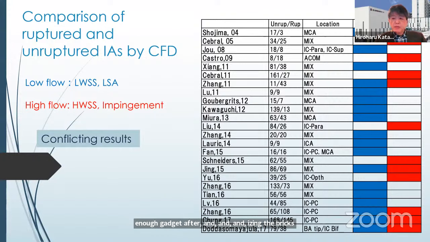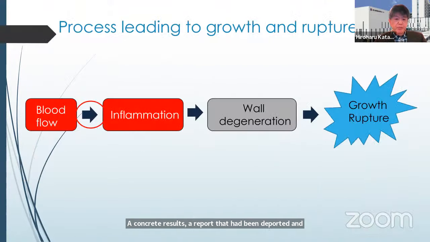But some papers insist that low wall shear stress is related to rupture, and others insisted that high wall shear stress is related to rupture. Conflicting results have been reported, and the conclusion has yet to be decided.